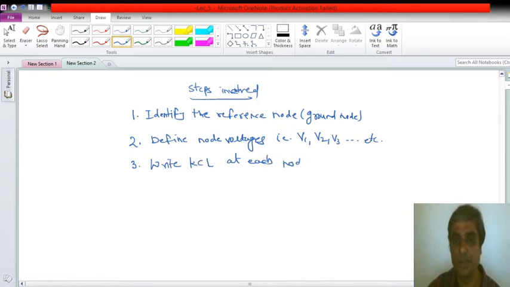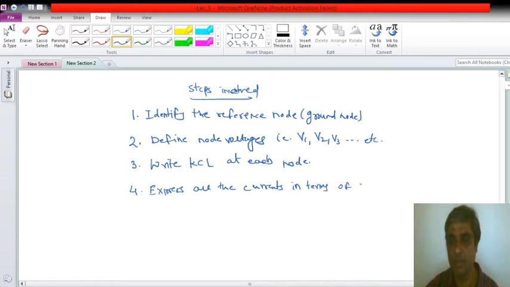Next, we'll express all the currents in terms of node voltages, using obviously Ohm's law.